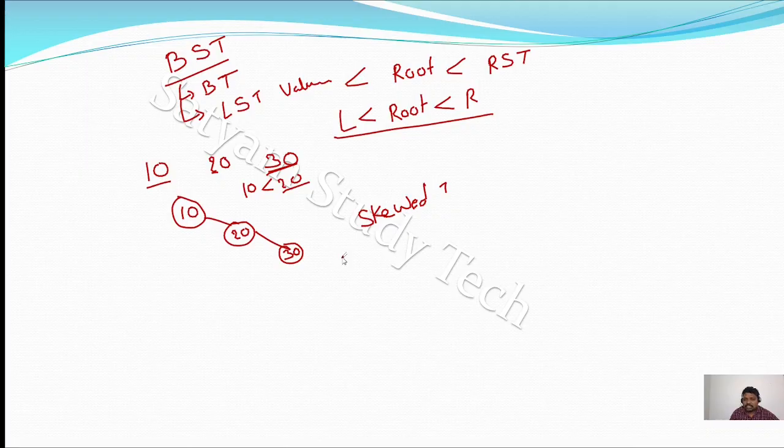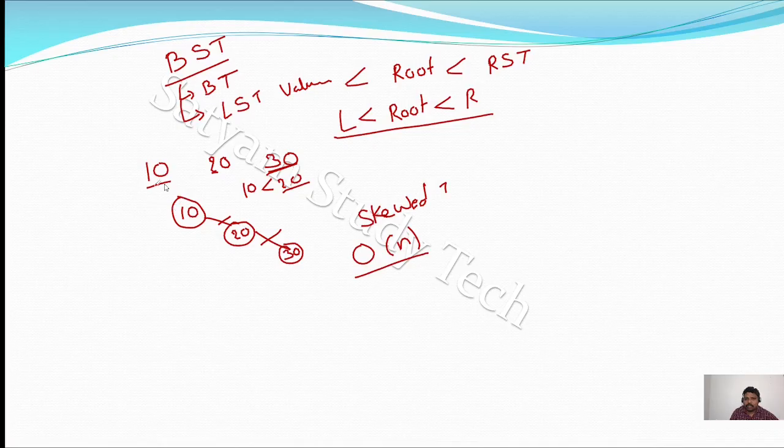Which is the time complexity? The worst case time complexity of BST is O(n), because the time complexity depends on the height of the tree. What is the height of the tree? Here one level, here two levels, so the height of the tree is 2.